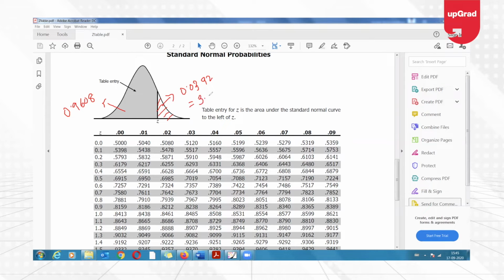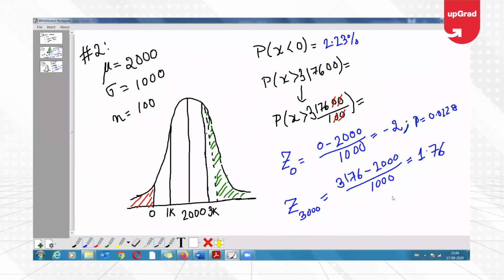So this part is 3.92% because I'm looking greater than z, and less than z is 96.08%. So let's go down. Here the p-value is, because I'm looking at this side, and the value we get from the z table is always on the left hand side.